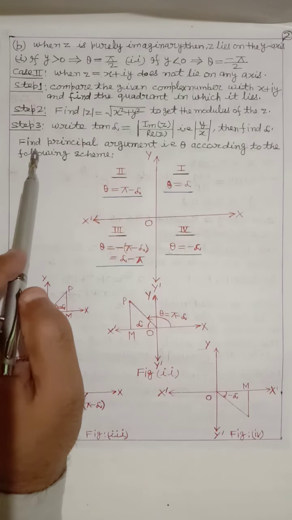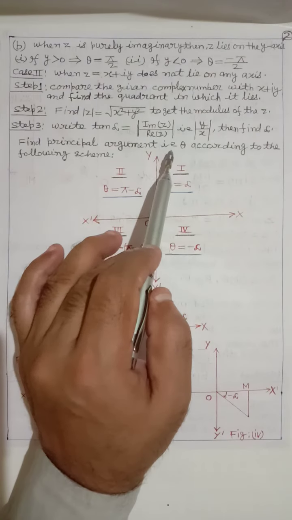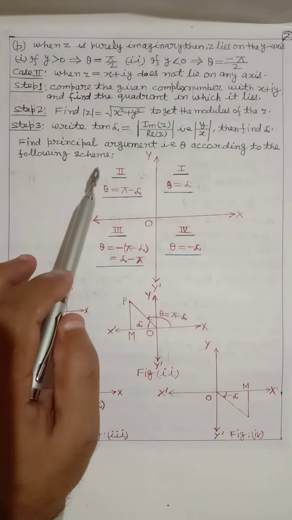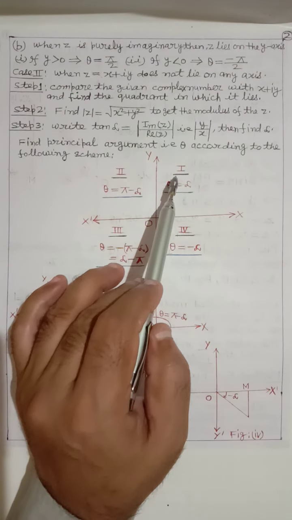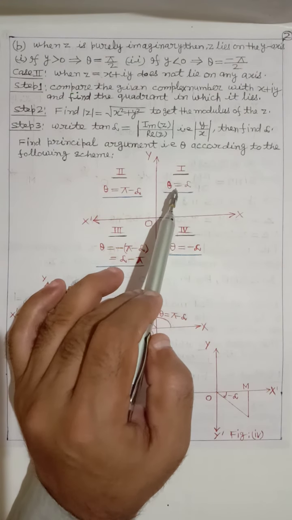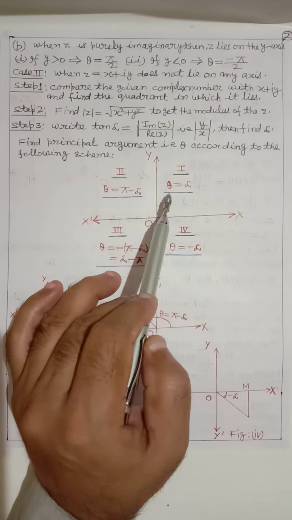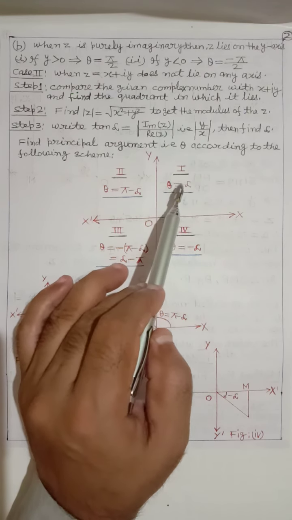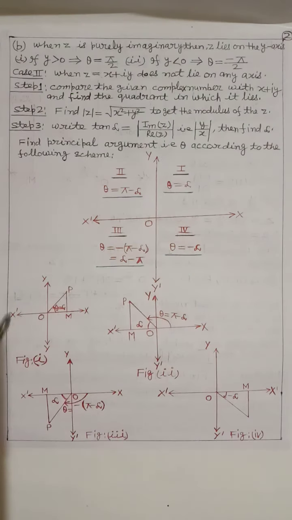After this, find the principal argument, that is theta, according to the following scheme. If the given complex number lies in the first quadrant, in this case theta is equal to alpha, and we can easily understand this from figure 1.